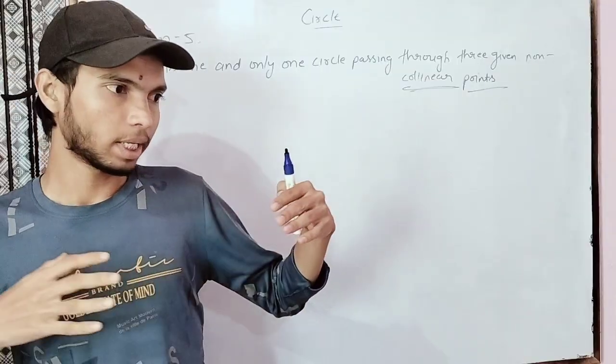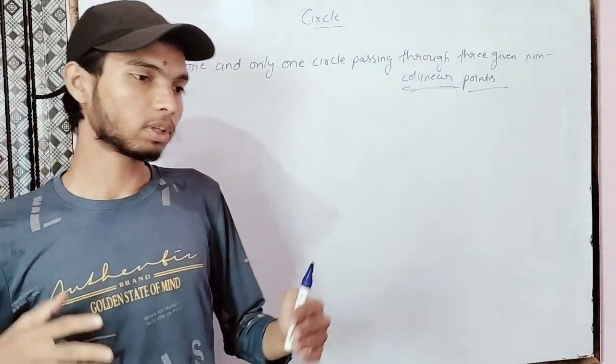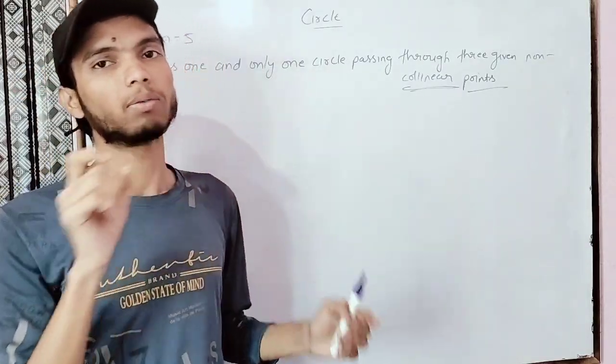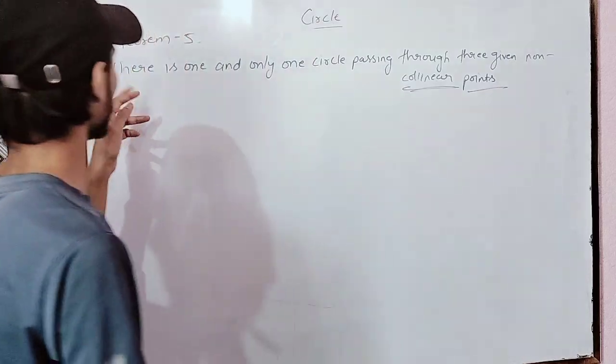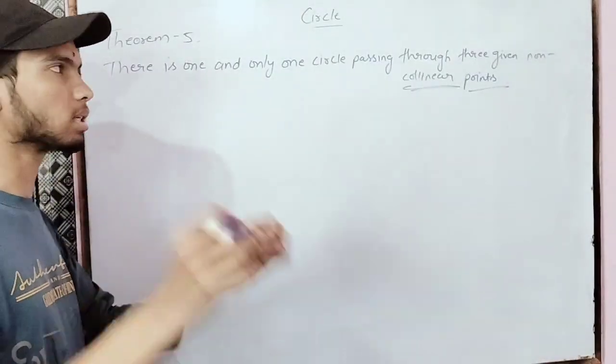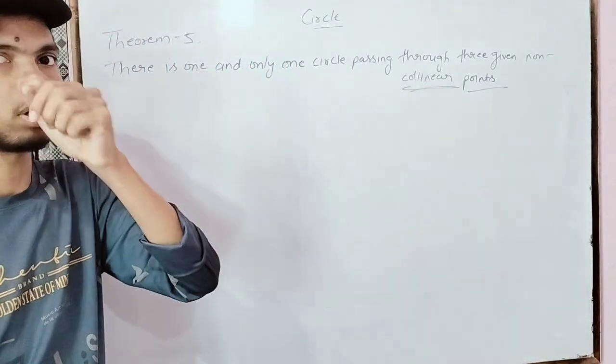If 3 points are in a straight line, they are collinear. If three points are not in a straight line, they are non-collinear points. And this statement is saying there is one and only one circle passing through three given non-collinear points.